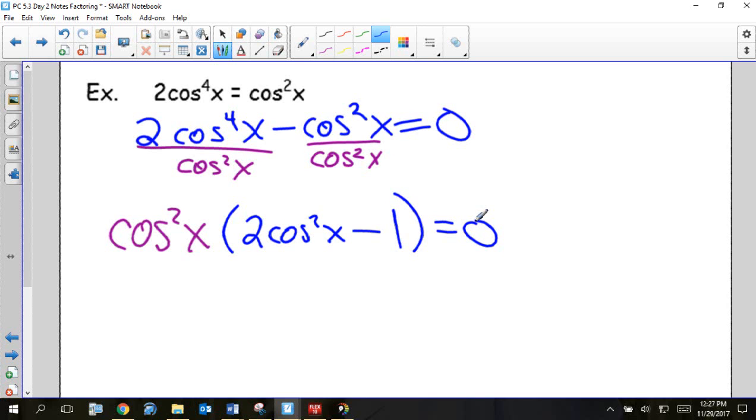I try to factor 2 cosine squared x minus 1 further, but it doesn't factor, so I've factored it as far as I can. So I'm going to set each factor equal to 0.